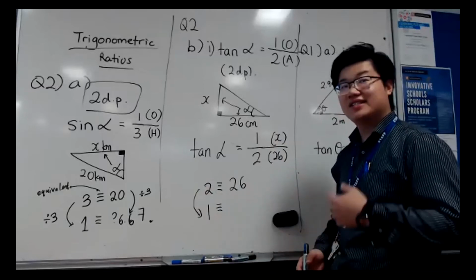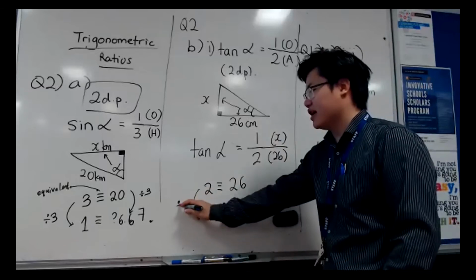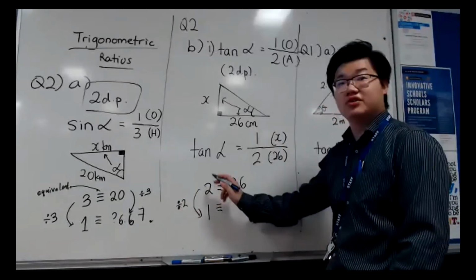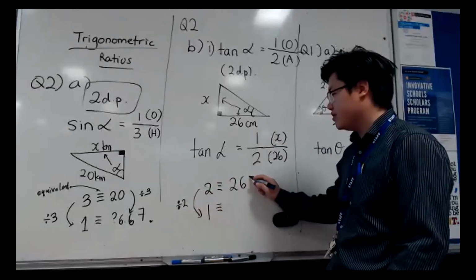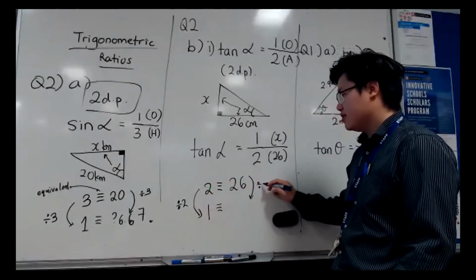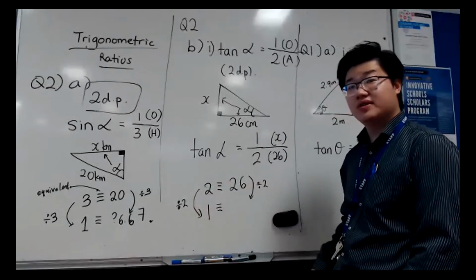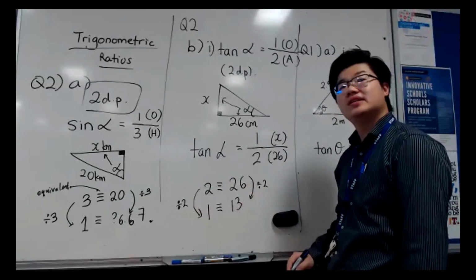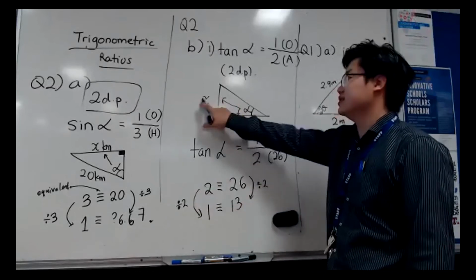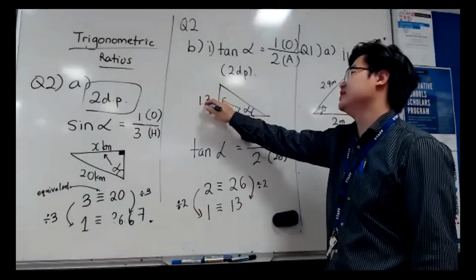Divided by how much? 2, because 2 divided by 2 gives you 1. If you divide by 2 on the left, you've got to do the same on the right. 26 divided by 2 is 13. So, Gracie, X is 13. Very good. X is 13 centimeters.